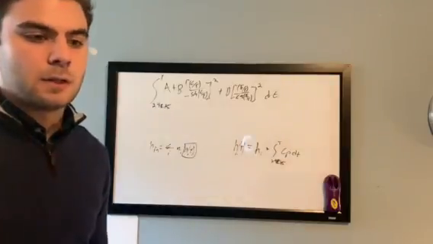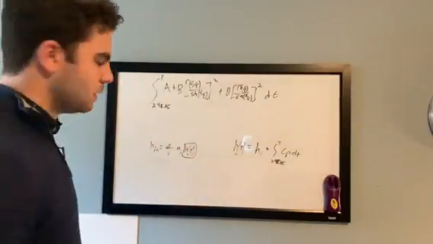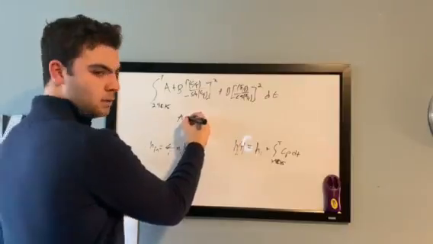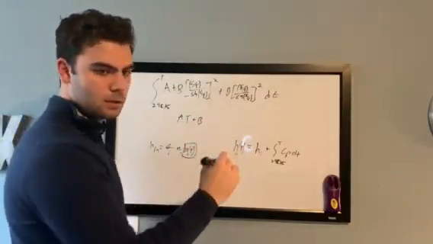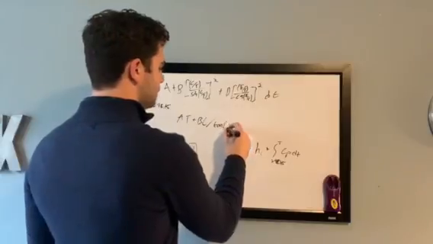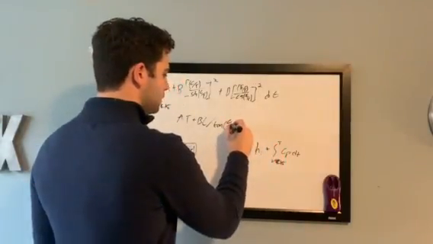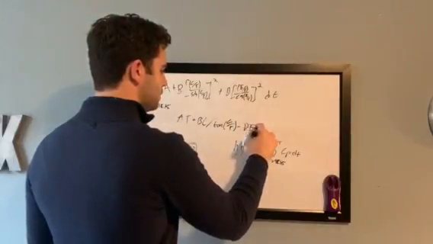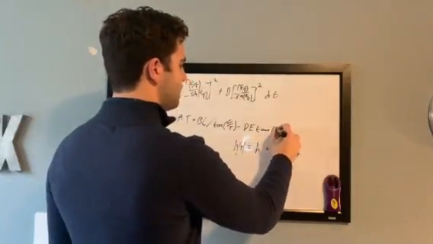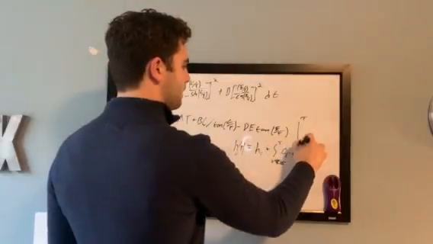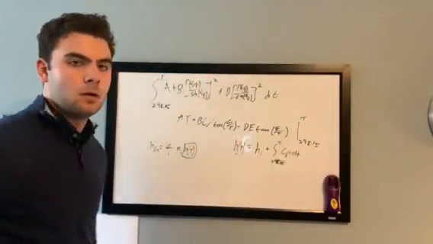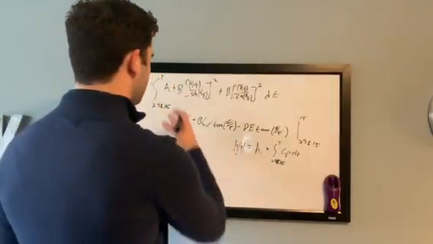So I went on Wolfram and plugged this in, and what it came out as is A times T plus B times C over tanh of C over T minus D times E over tanh of E over T. Now all we have to do is continue to plug this back in like I did up here.